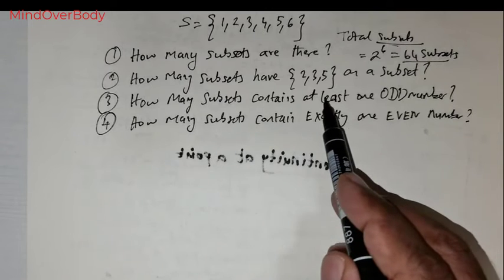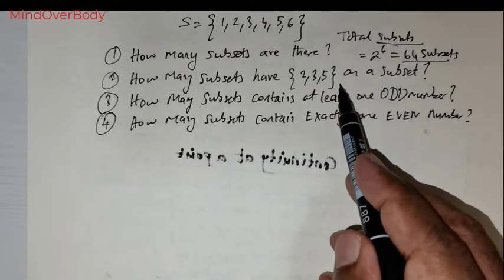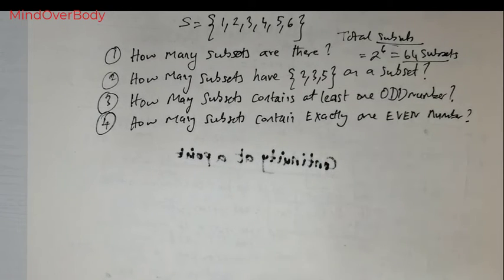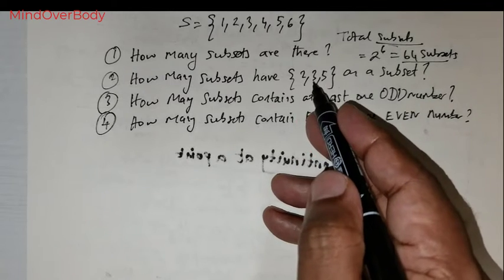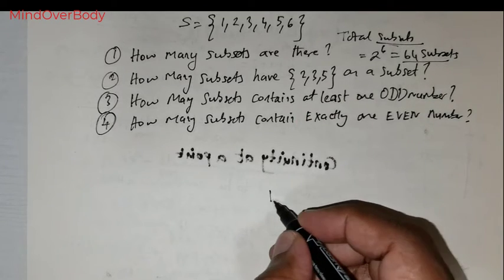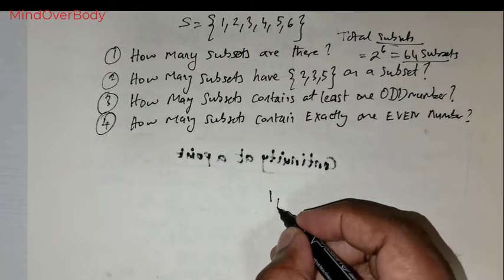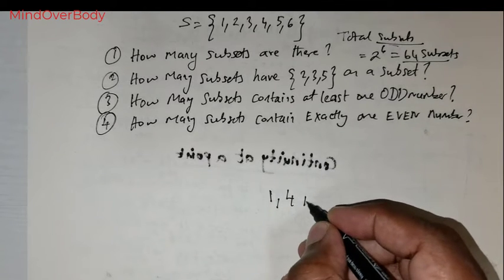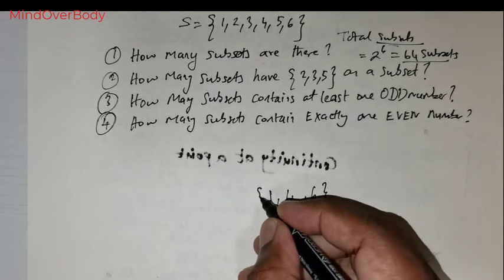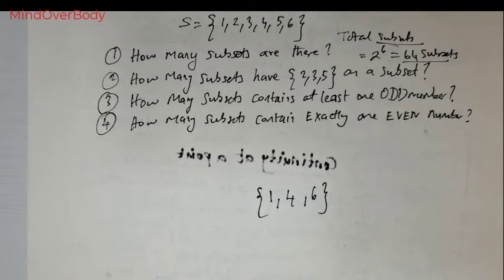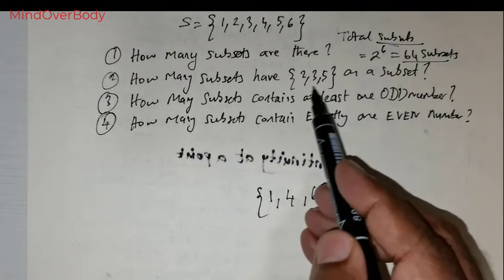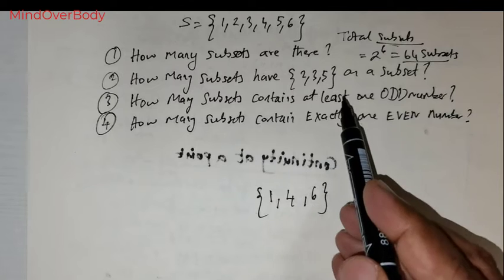How many subsets have {2, 3, 5} as a subset? Now, apart from 2, 3, 5, we got elements such as 1, 4, and 6. Now, {2, 3, 5} as a whole should be a subset.